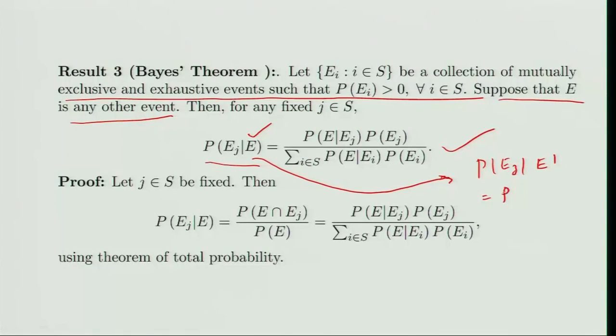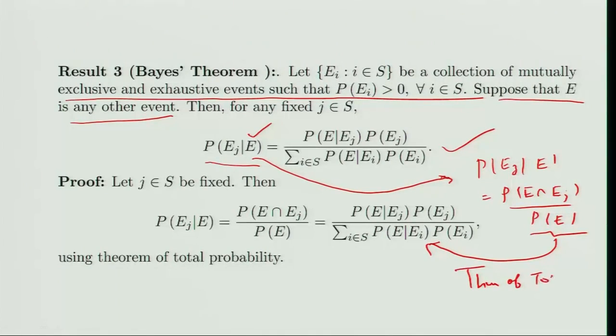This is the same as probability of E intersection Ej divided by probability of E. But probability of E, by the theorem of total probability, is whatever is there in the denominator, and probability of E intersection Ej can be written as P of E given Ej into P of Ej, and that proves the Bayes theorem.